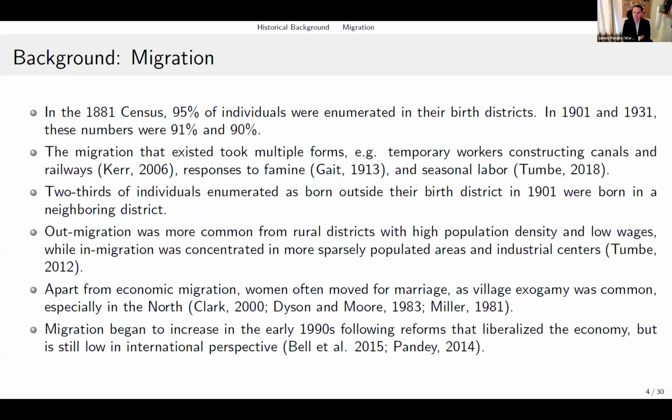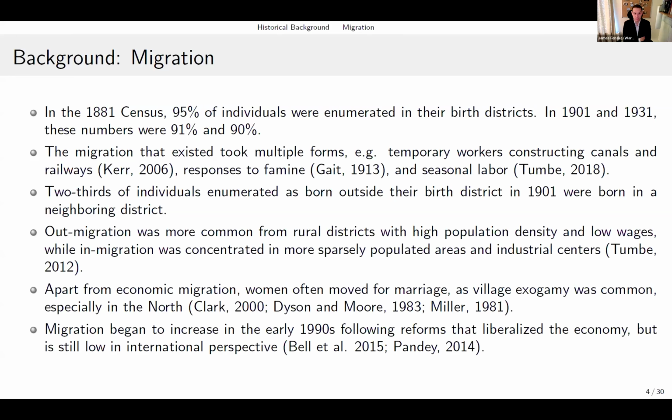So, what's the least that you need to know about migration in India to understand our paper? What you really want to understand is that migration was low in the past, and migration internally is low in the present, at least up to about the 2011 census. They haven't released the 2021 census yet. So if you were to look in the 1881 census, something like 95% of people were surveyed in their districts of birth.